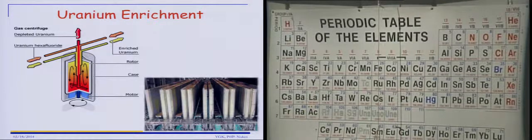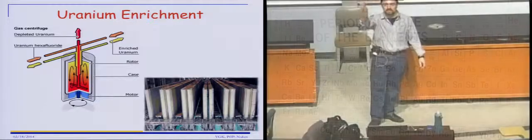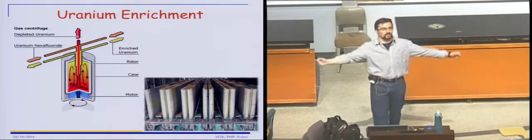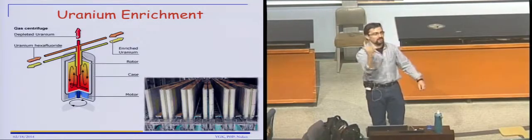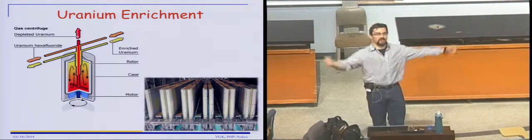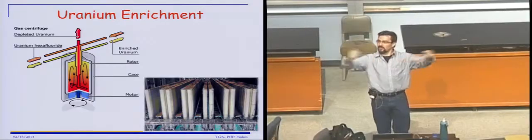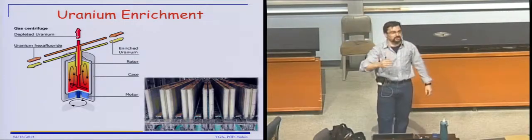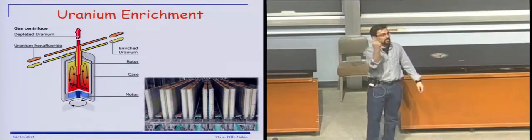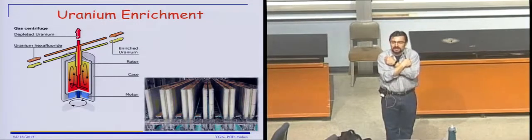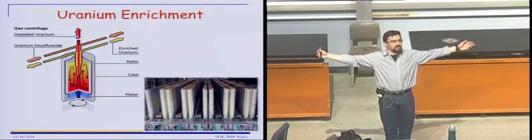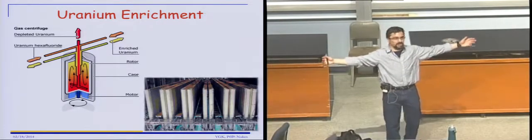So then what you do is you put this in the centrifuge, and you spin the centrifuge very quickly. You've seen Professor Bob Jacobson here doing a demo with somebody sitting on a little centrifuge in a rotating chair, pulling the dumbbells in and out. If you watch the Olympics, you know how the skaters spin themselves fast by pulling their arms tightly in and then slow themselves down by pushing the arms outwards.